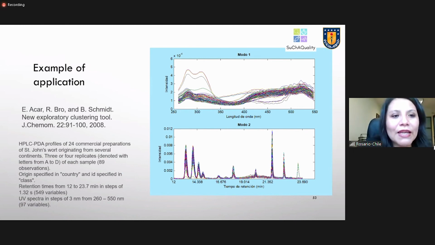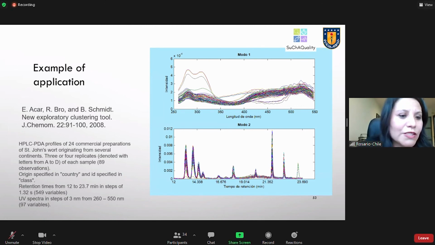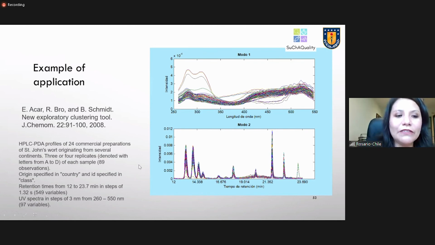So here we have an application of Rasmus Bro's group in Copenhagen using HPLC. Here we have different liqueurs, 24 commercial preparations of St. John's wort from different continents, and they have replicates and a country of origin. And this is just a visualization of data.